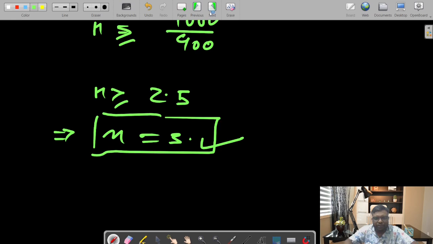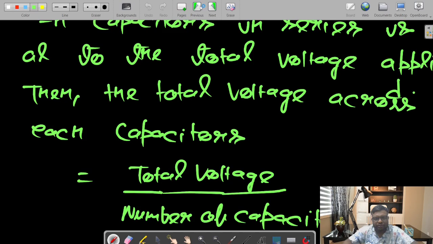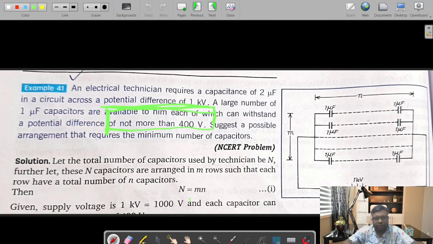So here if you see the figure, there should be 3 capacitors in each row. So here we have got our small n, that is the minimum number of capacitors, as 3.